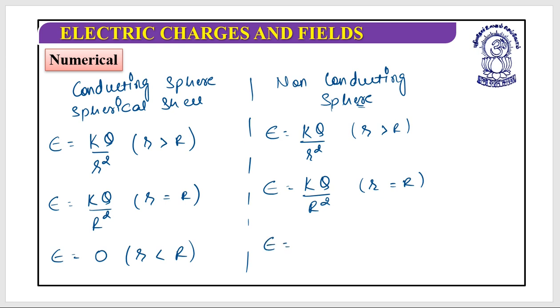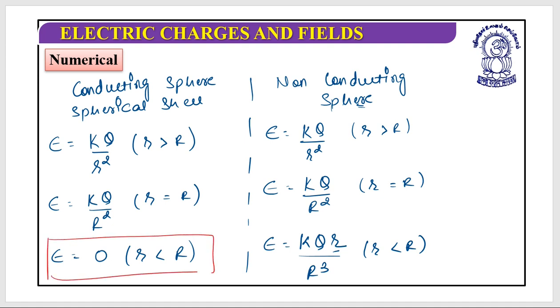And electric field will not be zero inside. It would be kq multiplied by r, where r is the distance from the center of the sphere, divided by R cubed, when r is less than R. Only this region is different for the two situations. Other things remain the same.